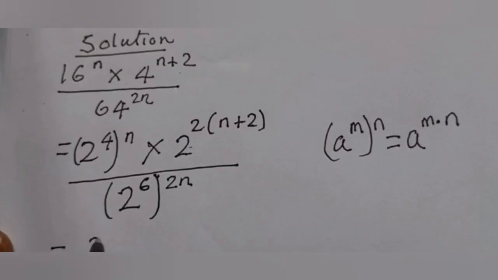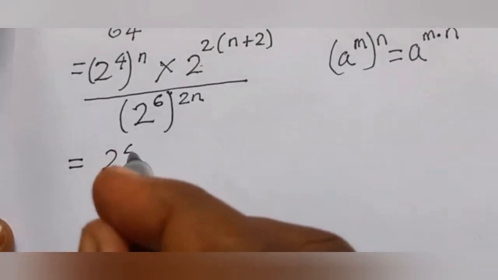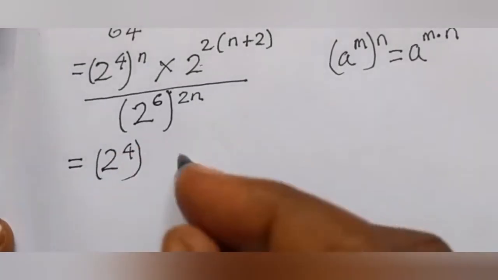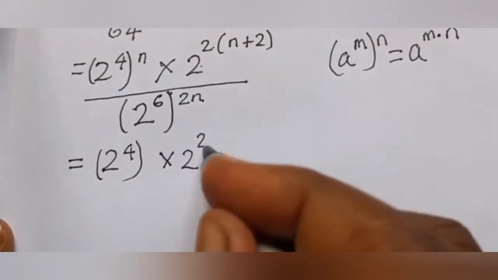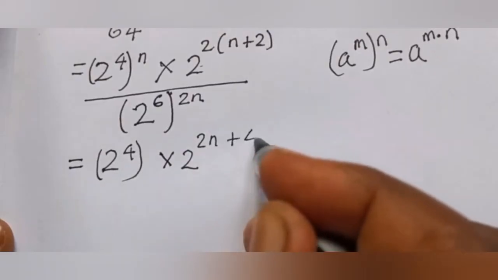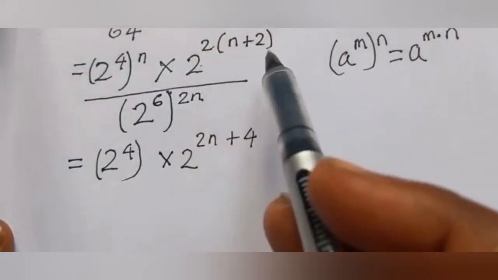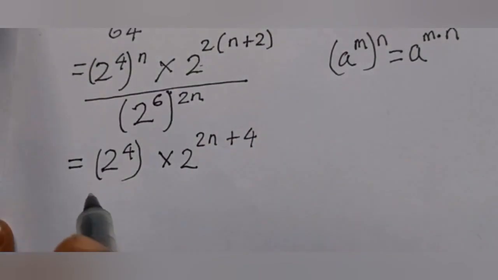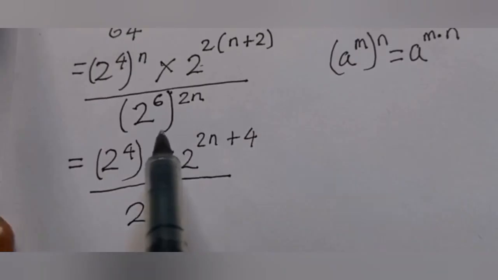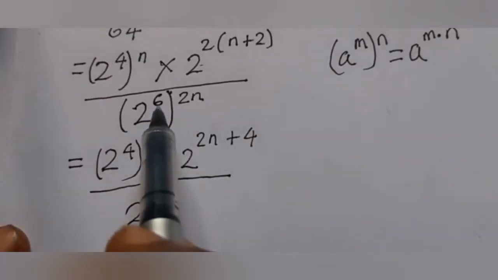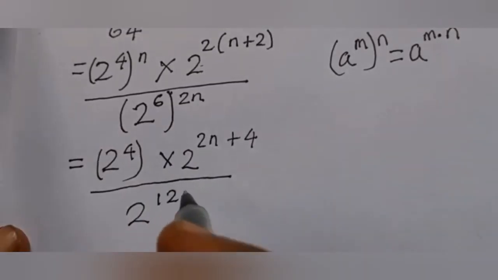We have 2 raised to power 4 in the bracket times 2 raised to 2n plus 4. 2 times n, the answer is 2n. 2 times 2, the answer is 4. Over 2. Again here, we have 6 times 2n. We get 12n.